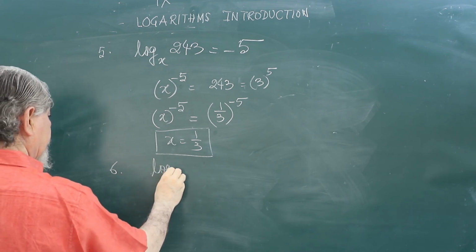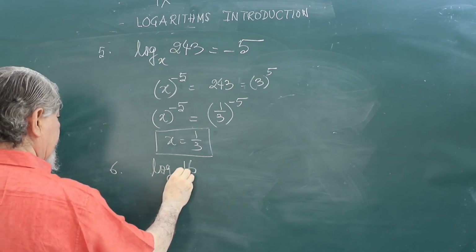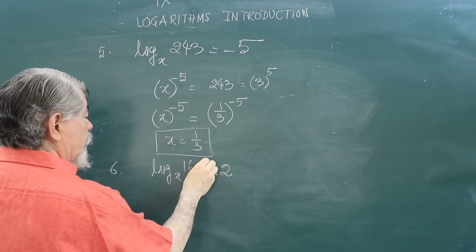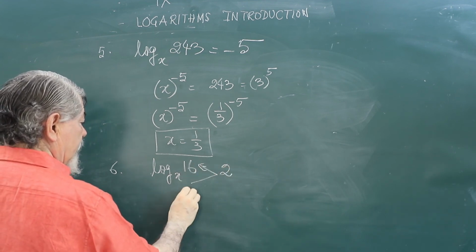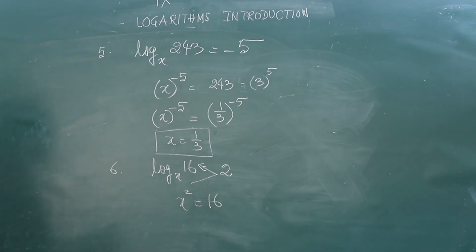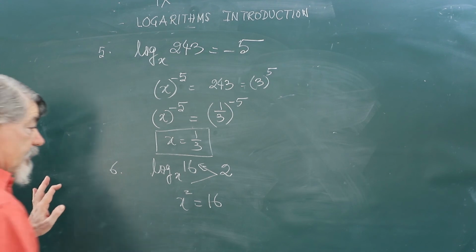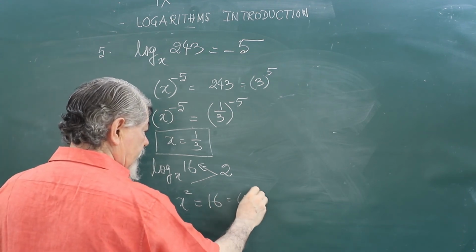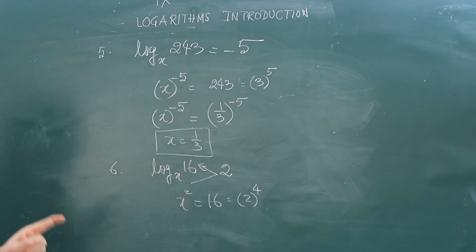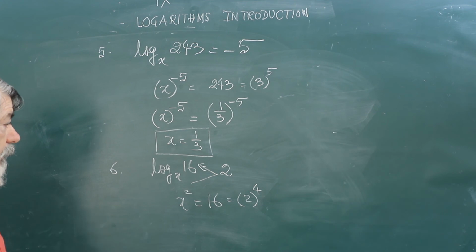Log 16 to the base x is equal to 2. Again, x to the power 2 will be 16. When I change from logarithmic form to index form, x to the power 2 is 16, and 16 means 2 to the power 4.